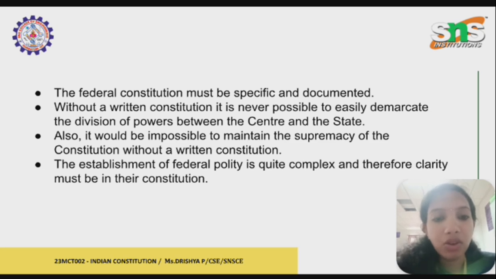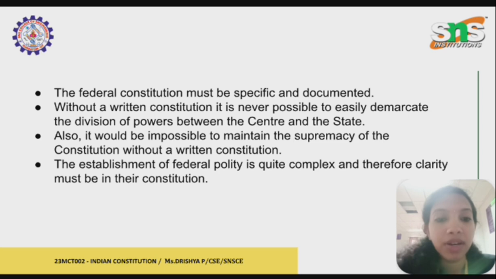The federal constitution must be specific and documented. Without a written constitution, it is never possible to easily demonstrate the division of powers between the center and the state. Also, it would be impossible to maintain the supremacy of the constitution without a written constitution.